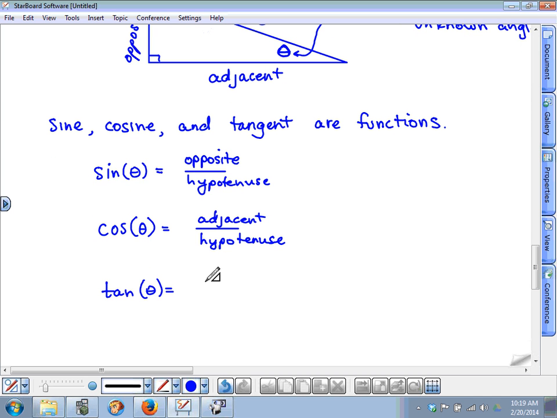The tangent is the opposite divided by the adjacent. That's the way it's been defined. These are all just man-made definitions. The sine has been defined this way.